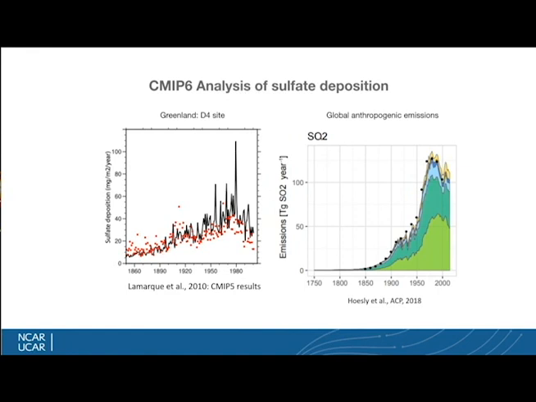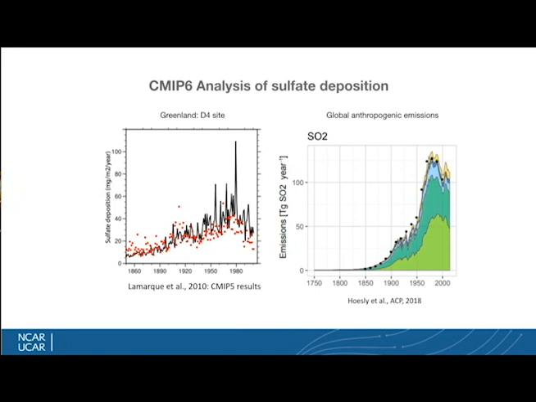These are the anthropogenic SO2 emissions. And for CMIP6, there is much more analysis of the interannual variability. And so this is the line, but overall they're very, very similar over most of the period.